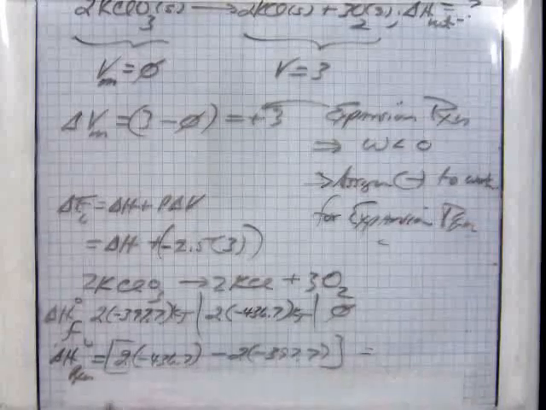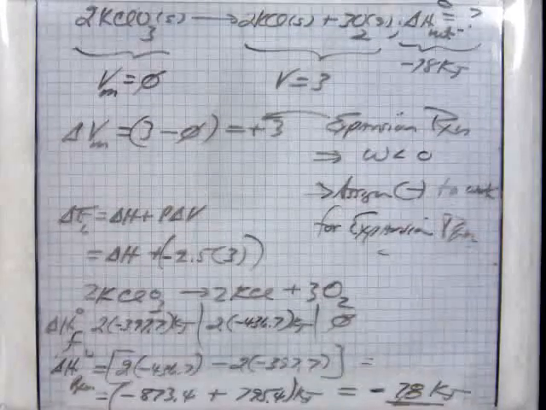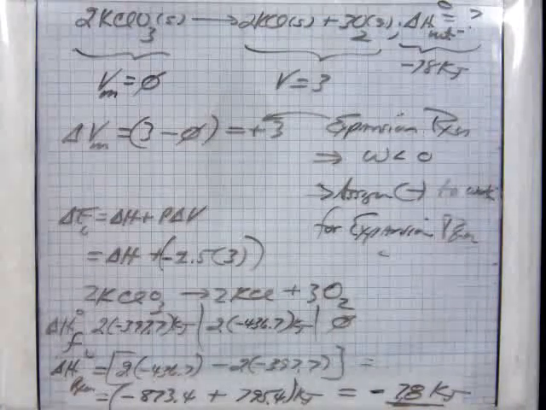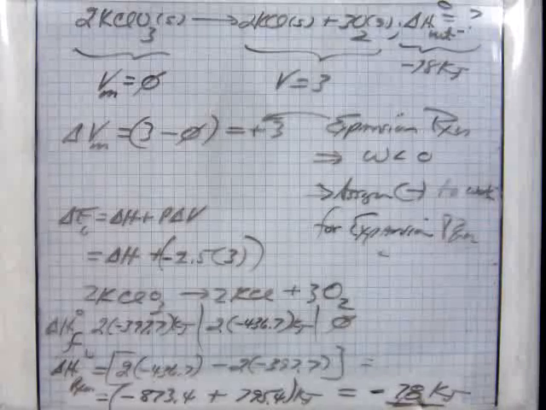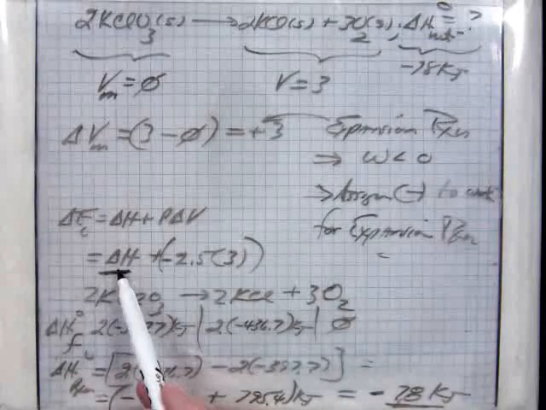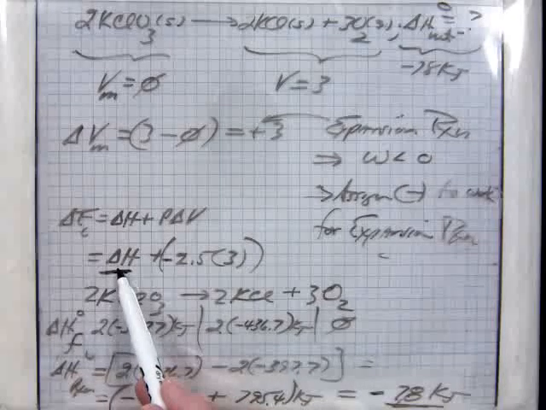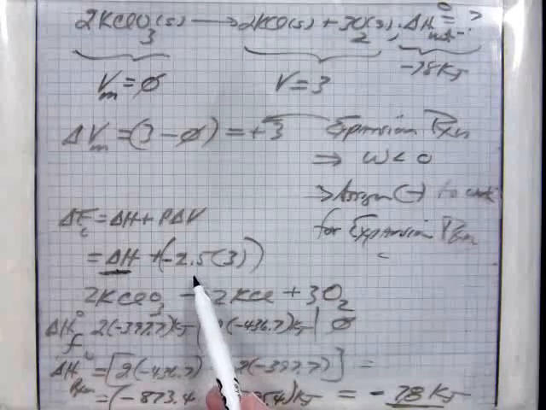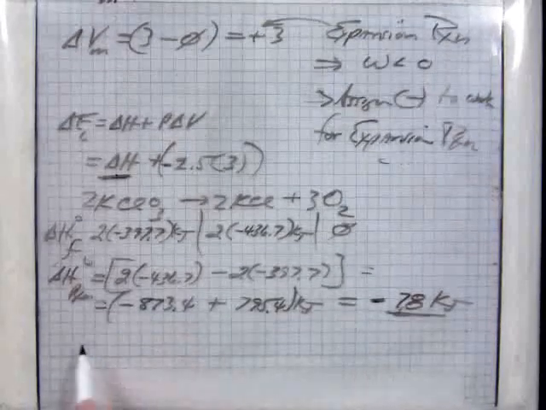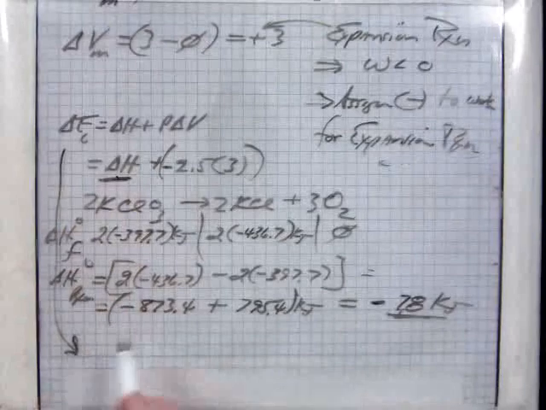And so we apply Hess's law, and I got a minus 78 kilojoules. You might back me up on that, just in case I missed a button. But that number now goes here. And so you've got the first part of the delta H, and then your second part of your internal energy calculation. So now we come down here and make the substitutions.